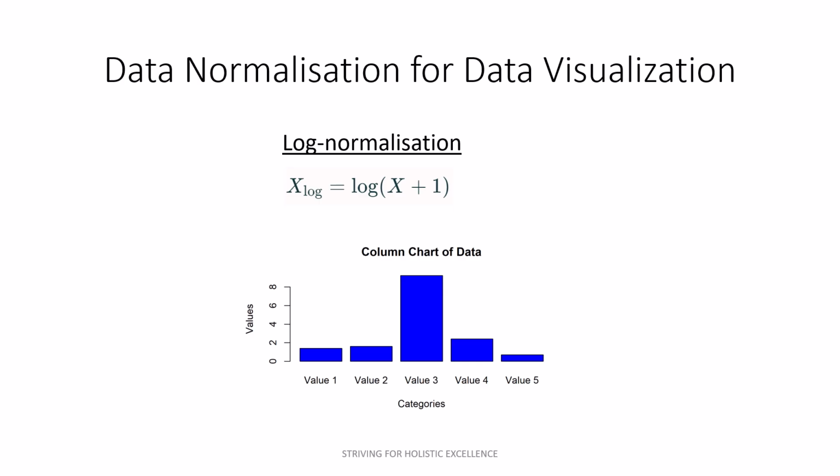If the value is non-zero, then we will be getting a log of whichever value is there, and the log of any value that is greater than 1 is non-zero. So this is the reason why we are putting log of x plus 1, in order to avoid cases where x is 1 and it becomes 0. It should not be converted to 0. It should have some value when we normalize that.